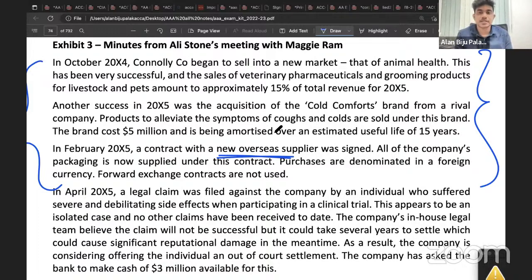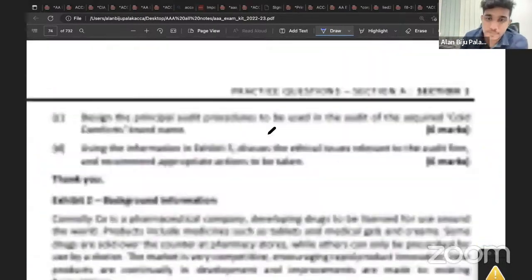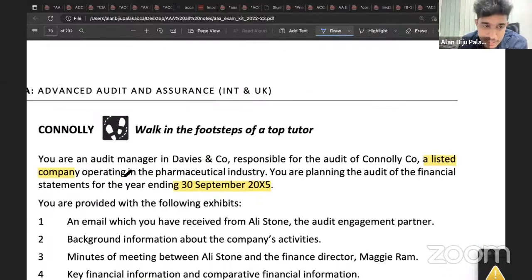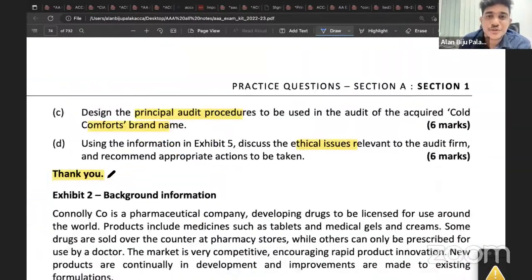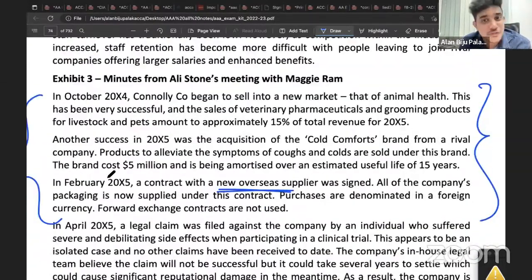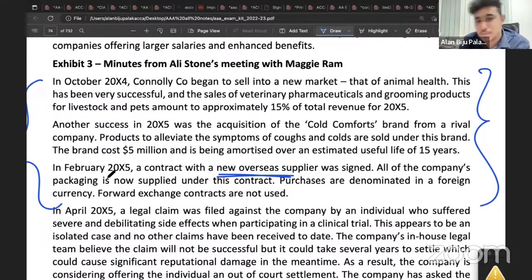Then again, you need to pick the risk of material misstatement. So what are all the risks of material misstatement that you can directly identify? Segmental reporting. IFRS 8 segmental reporting. We have already read the introductory paragraph and it was clearly mentioned that it's a listed company. In addition, is there something that they specifically show us to prove that it's a specific segment? 15% of the total revenue.